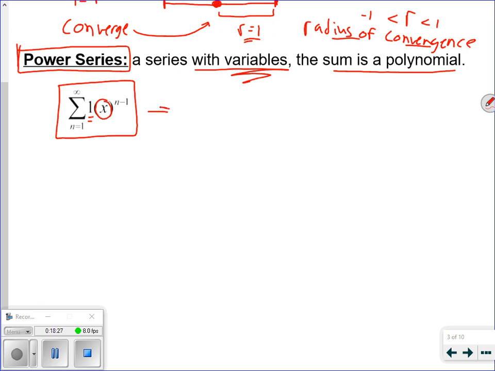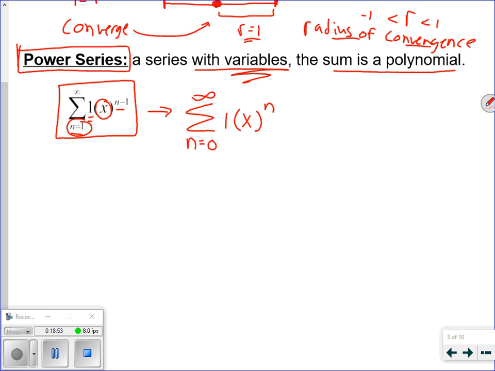If I were to expand this, the technical form that we have for a power series, since the sum is going to be a polynomial, is, instead of n equals 1, we actually start off at n equals 0 and go to infinity. And instead of n minus 1, we actually have it to the n power. So this is the form that you see power series in.